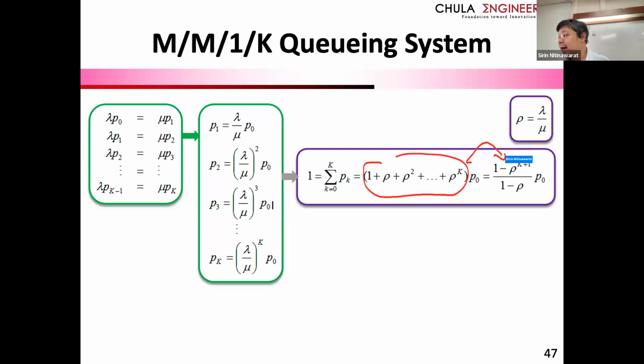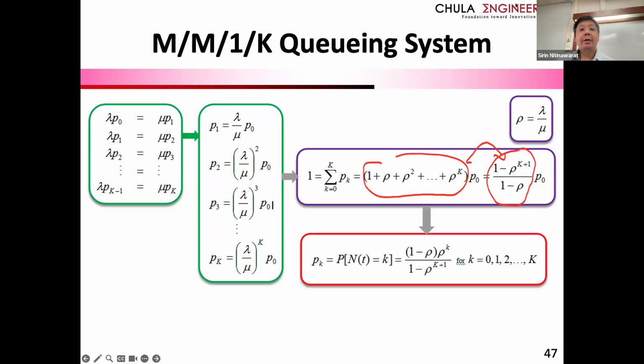I leave you to derive this, but you can use the same trick, denoting this sum as S, and use the relationship to derive an equation for S. And now that you have P0, you have all the P's.